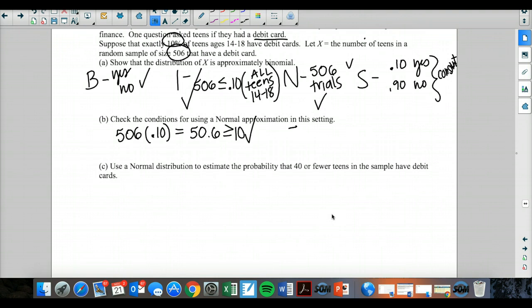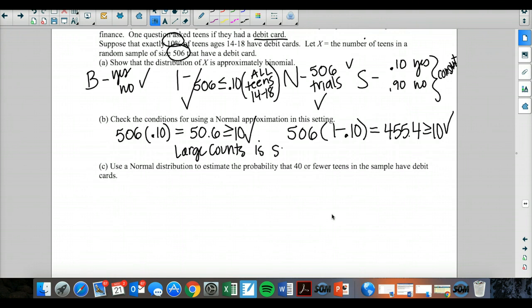And then I'm going to do 506 times 1 minus 0.10. So that's failure. 506 times 0.90 is 455.4, which is greater than or equal to 10. So check. So large counts is satisfied. Therefore, normal is appropriate. Okay, so I'm allowed to use a normal distribution to approximate this.